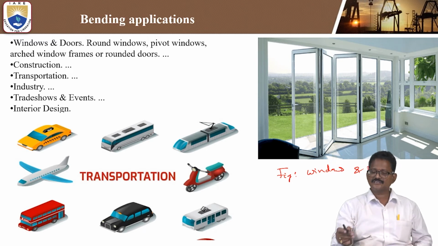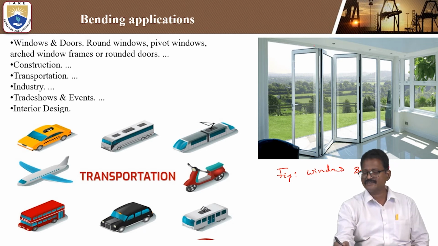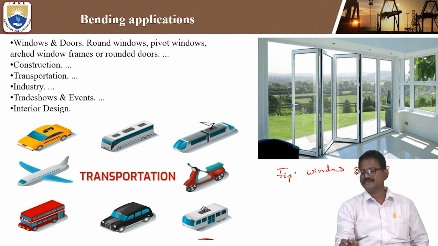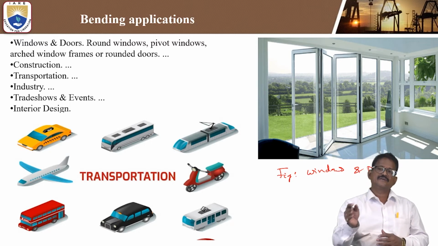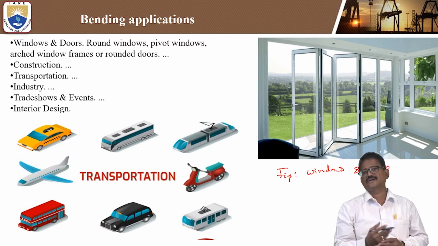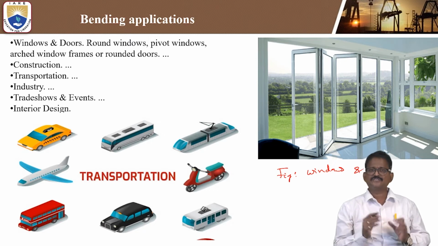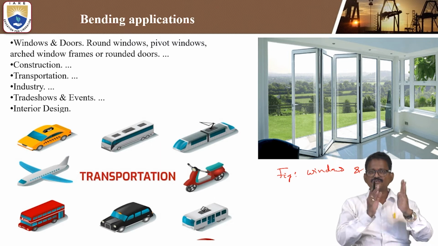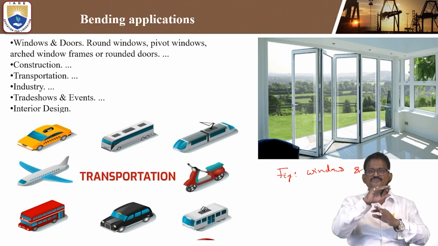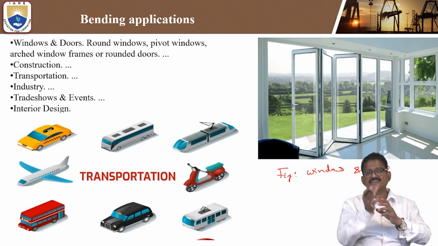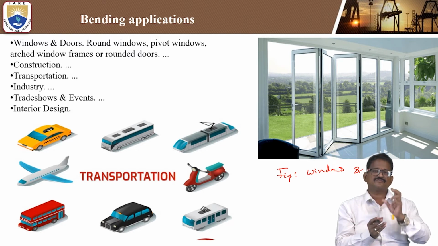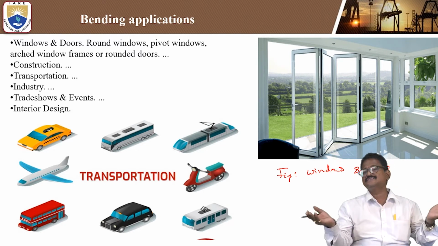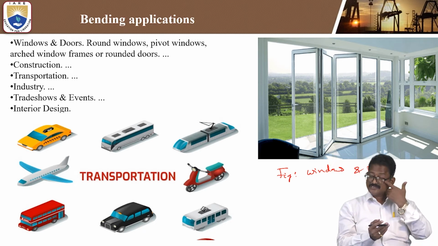You can see channel bending wherever needed, some V bending and different types of bending can be performed in sheets also. That is why the best and important application for this bending is windows and doors, round windows and pivot windows. Some architectural window frames or some rounded doors can be easily done with this bending process.